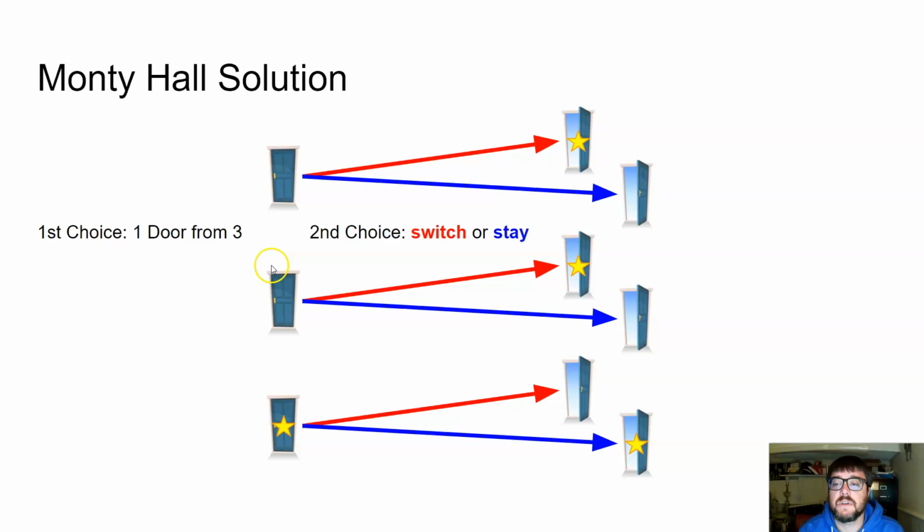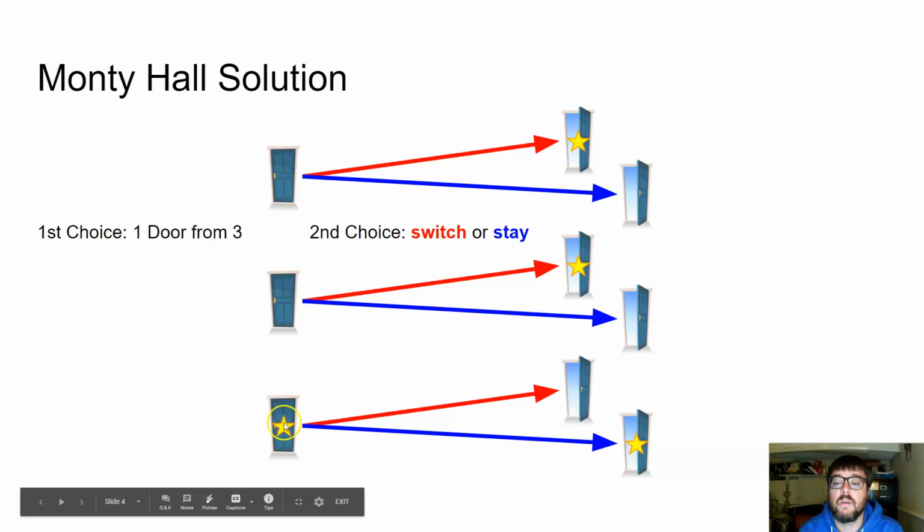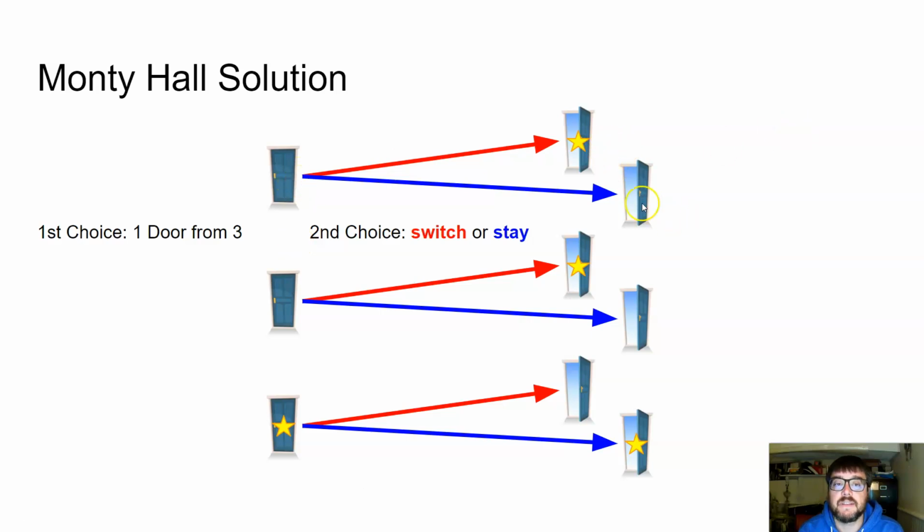So here's the 3 doors, and you might have chosen an empty one, or the one with the prize behind it. In these 2 cases where you chose an empty one, if you stay, you're on an empty one.